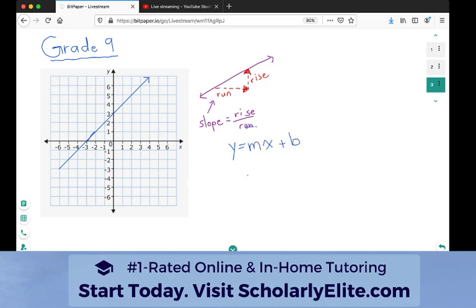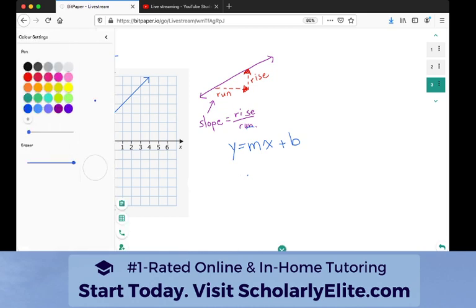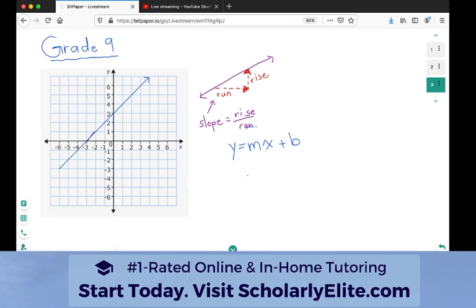Let me just turn off the sound on my phone here. Sorry about that, guys. So what we really are concerned about in particular is the slope and the y-intercept. So this letter tells us the slope, and this letter tells us the y-intercept.